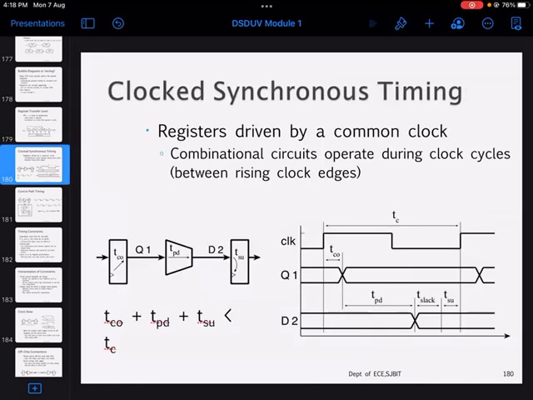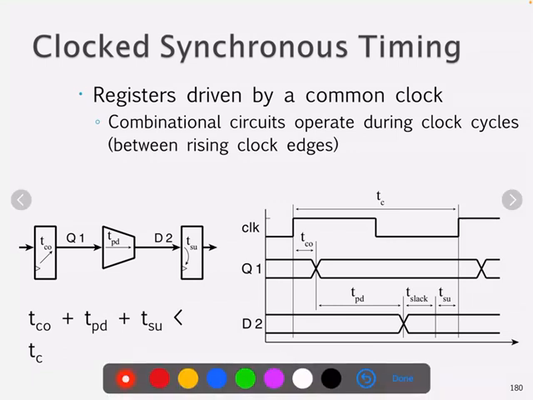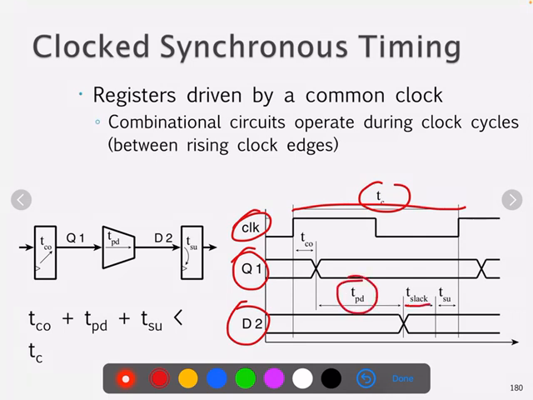This gives you a brief overview of what exactly clocked synchronous timing is all about. Have a look at this. Clock, total time is TC, and Q is the output of a D flip-flop, D is the input. Propagation delay, slack time, setup time, everything is provided over here.